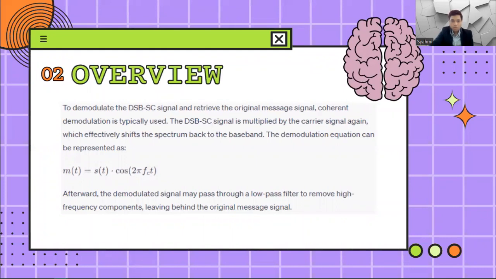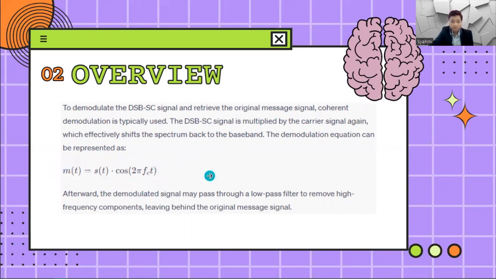Then, to demodulate the DSB-SC signal and retrieve the original message signal, coherent demodulation is typically used. The DSB-SC signal is multiplied by the carrier signal again, which effectively shifts the spectrum back to the baseband. The demodulation equation can be presented as this.